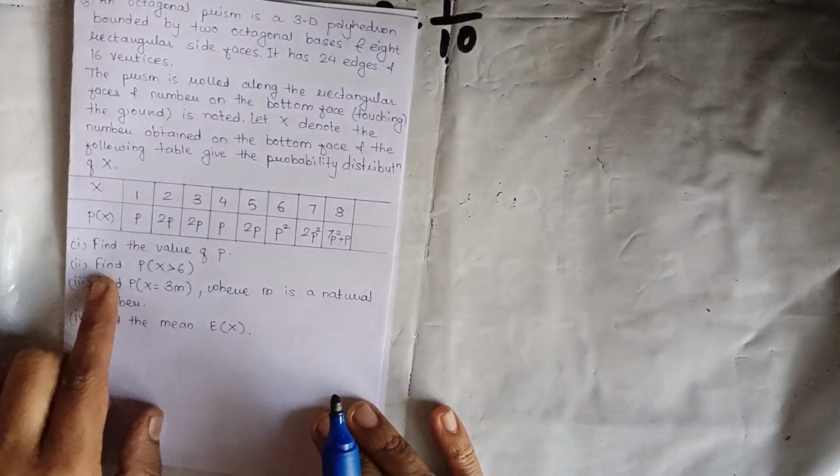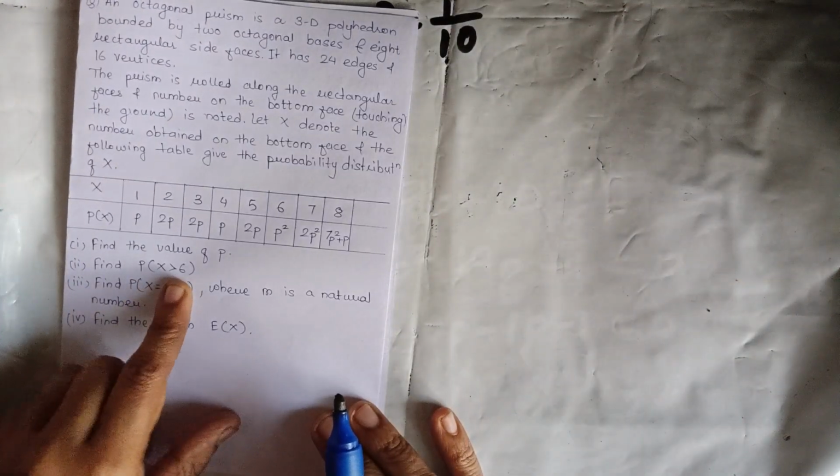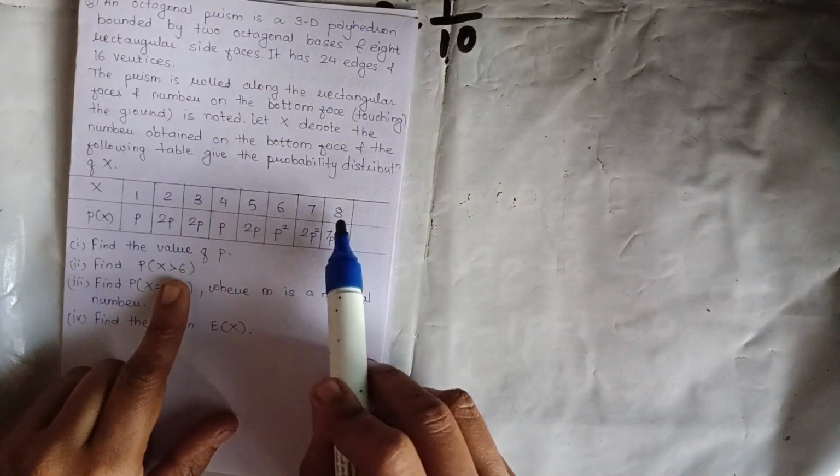Now you have to find the probability where X is greater than 6. So greater than 6, 7 and 8 are there.